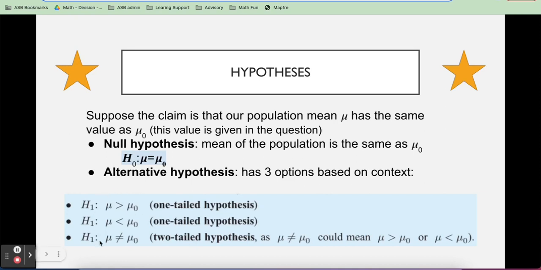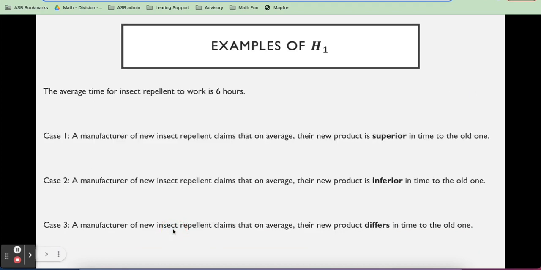Let's understand when we want to use bigger than, smaller than, or not equal to. Let's do a little example for the null hypothesis. So if we have the average time for insect repellent to work is 6 hours. Okay, so in this case, we would be given some data about our sample of insect repellent, and our null hypothesis is that we want the mean of our sample to be equal to 6.